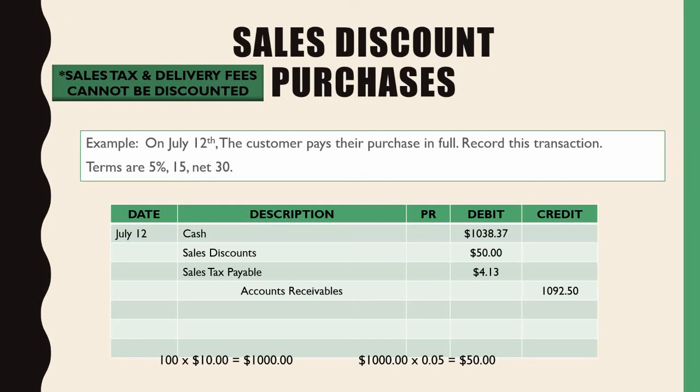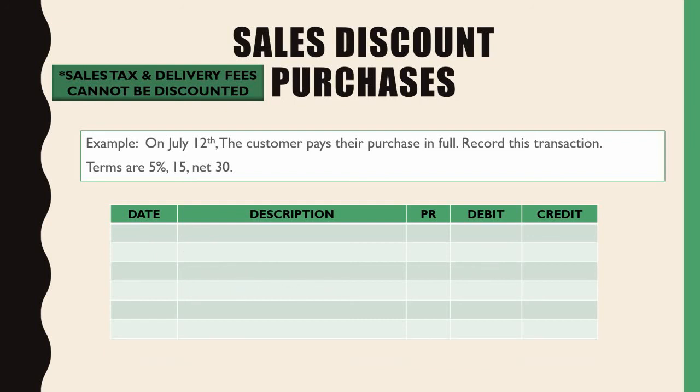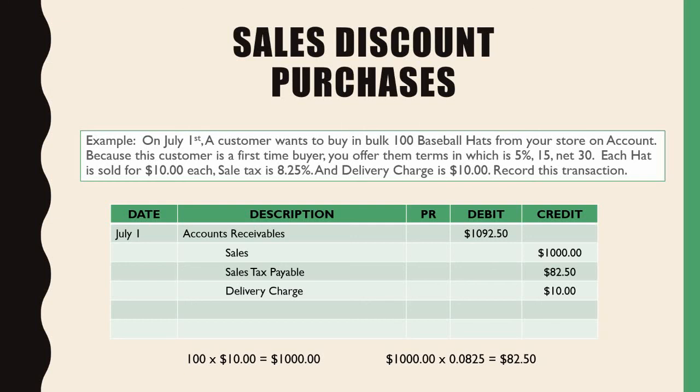Now, of course, when you're discounting your products, you can only discount the actual product. In this case, we did not discount our delivery fee, okay, and we did not discount our sales tax, okay. We only discounted the product at hand. All right. So don't confuse.